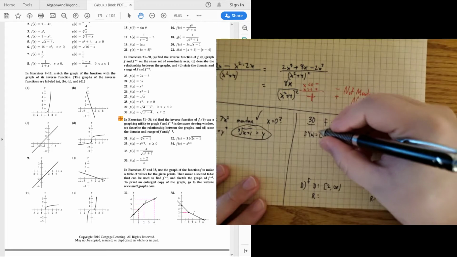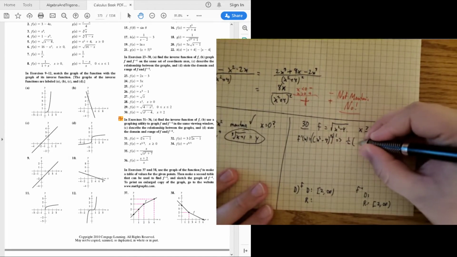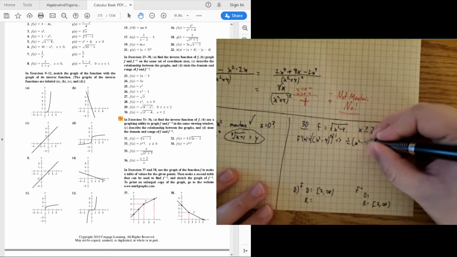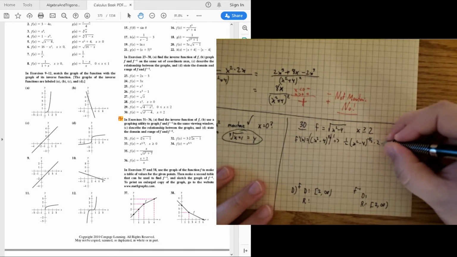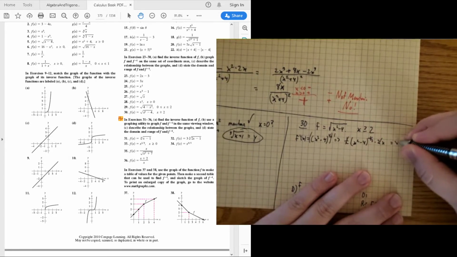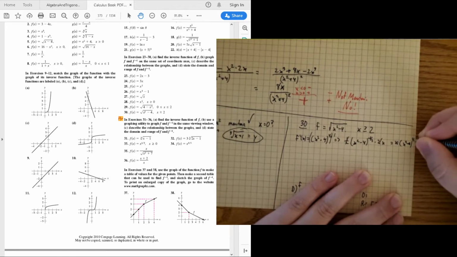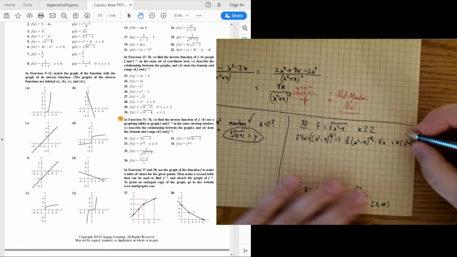So we do the derivative of this function, or the prime of this function, which becomes 1/2 times x squared minus 4 to the negative 1/2 times 2x. So 1/2 and 2 are going to cancel, leaving x times x squared minus 4 to the negative 1/2 power. Now, when x is bigger than 2, this will be a positive number, but 2 itself will not exist.